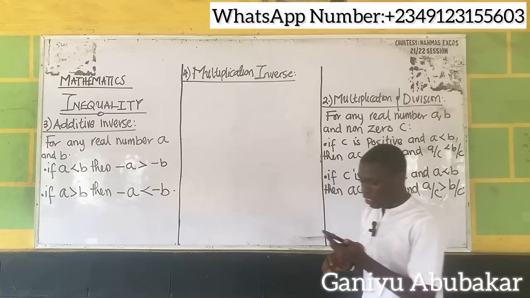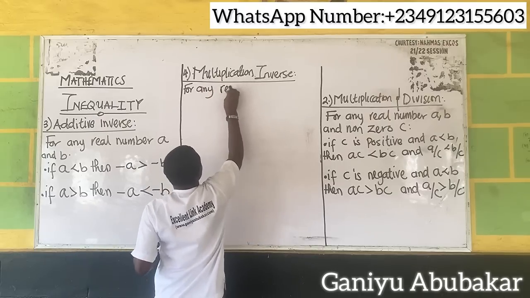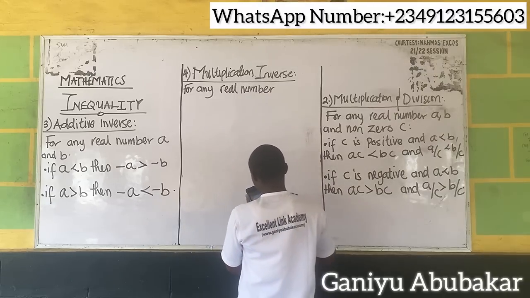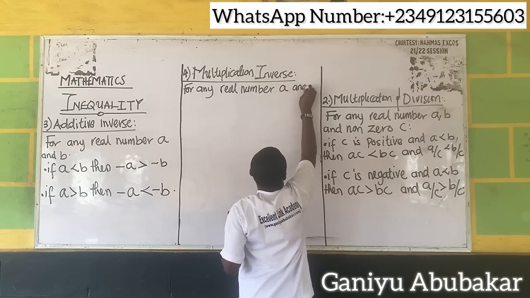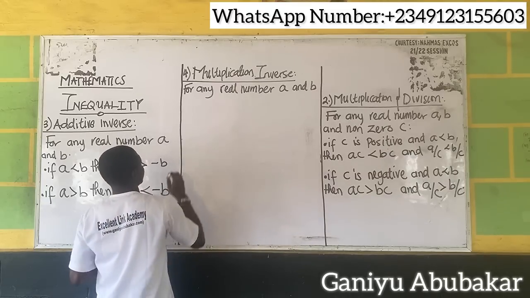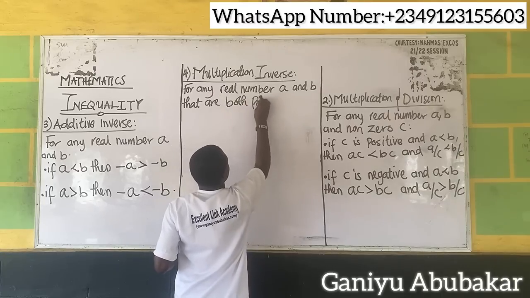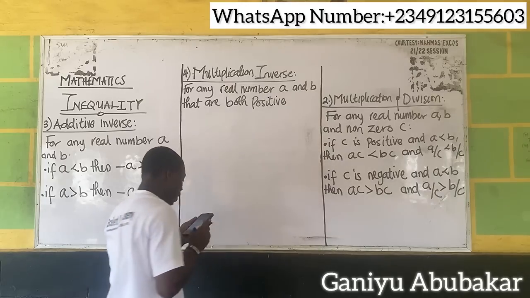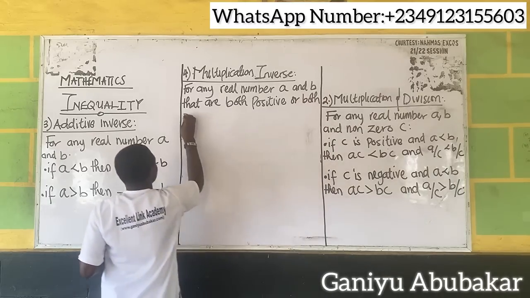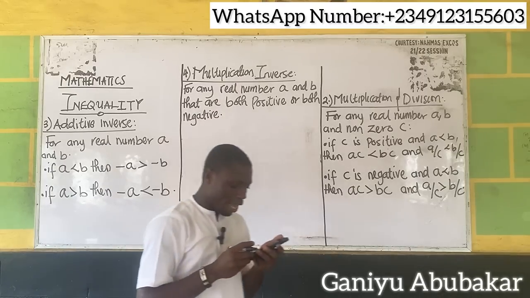For this one here, note this: for any real numbers A and B that are both positive or both negative, what becomes your expression here?